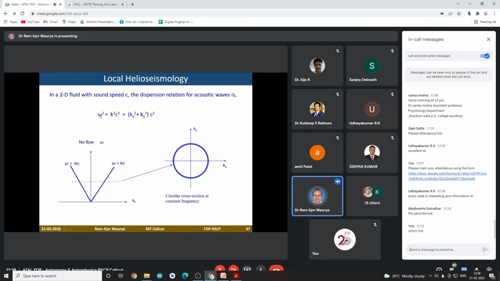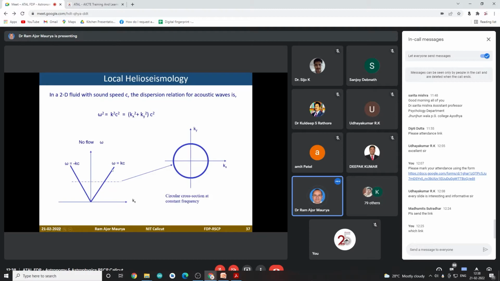If you fix omega, you will have one circle. And if you fix one of these, let us say fix ky, here we have a kx-omega plot, so this would be a straight line like this.